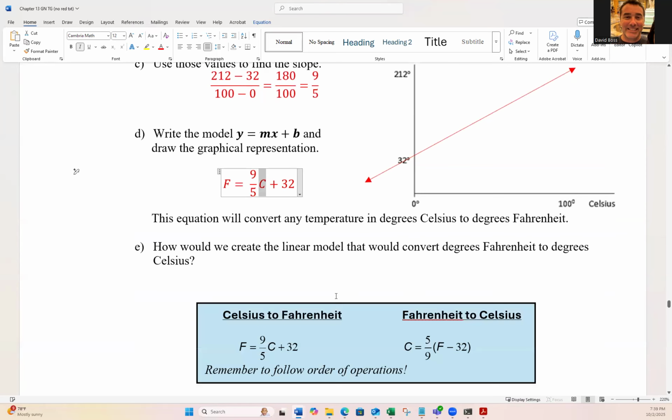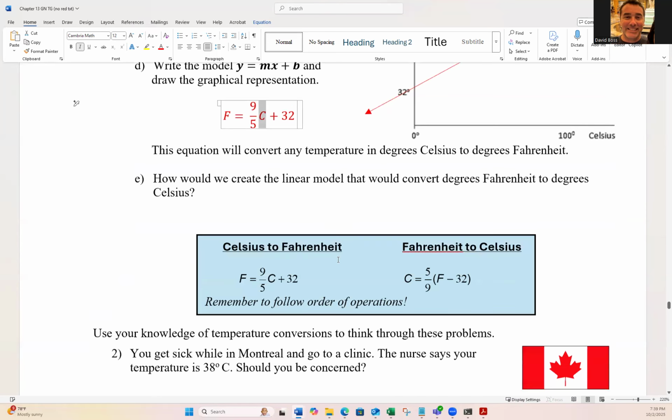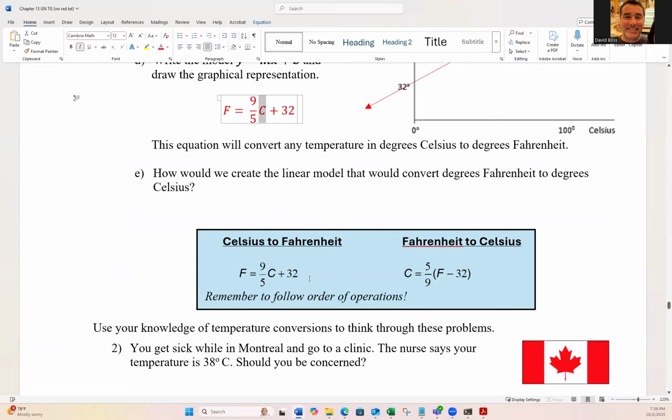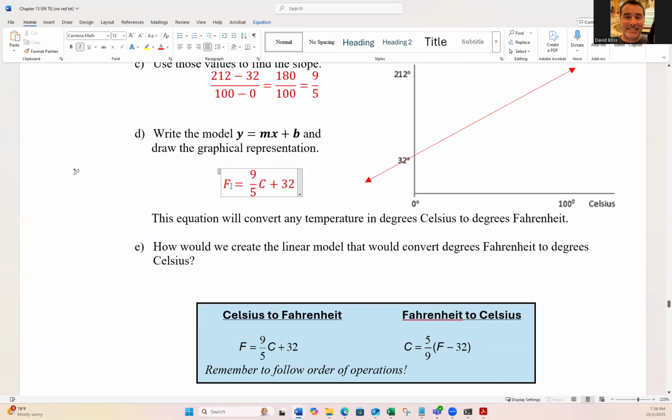Now you also may want to go the other way. So we also have a Fahrenheit to Celsius equation, which just taking this here, and doing some simple algebra, subtracting 32 from each side. Well, let me write that. Right, so I'll do it up here, minus 32. Get rid of this.